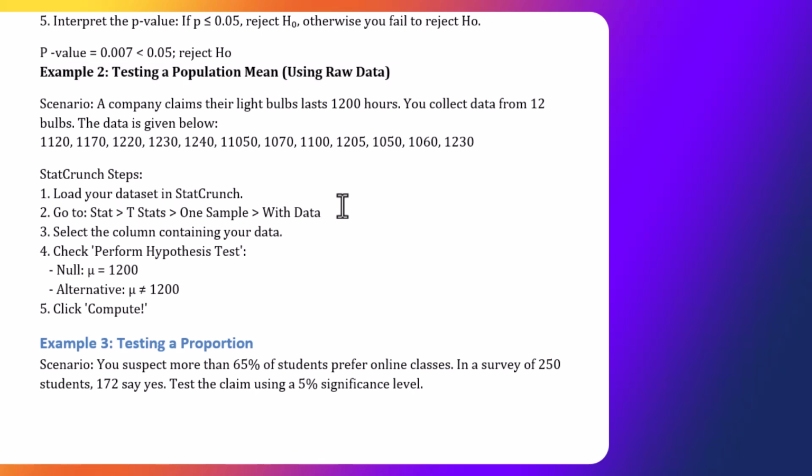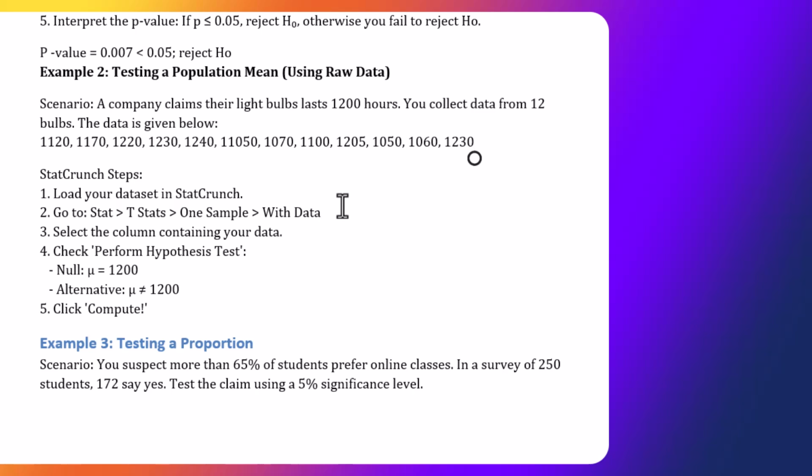The company claims that their light bulbs last 1200 hours. So they said the mean lifetime of a light bulb is 1200 hours. You collect data from 12 bulbs. The data is given below.